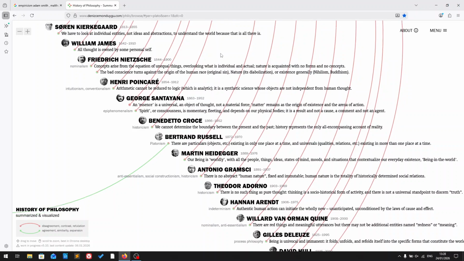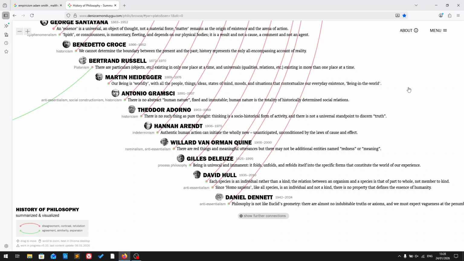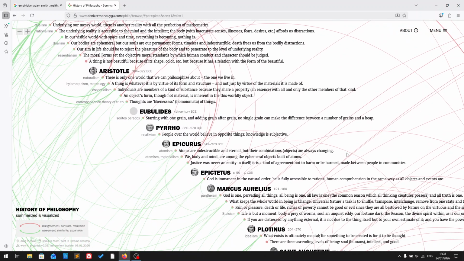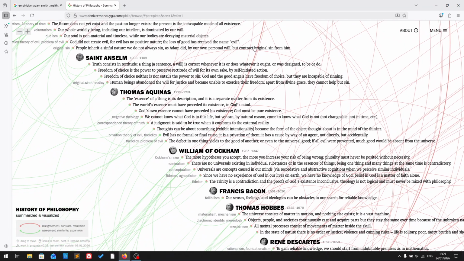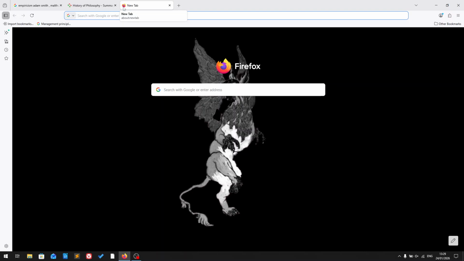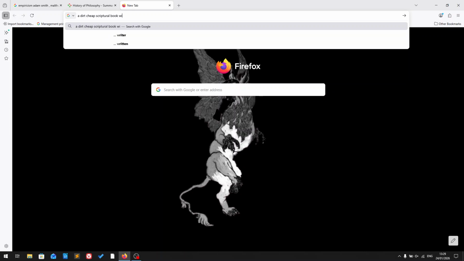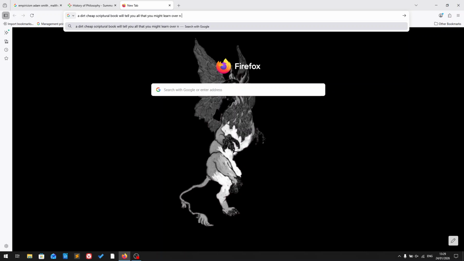And coming back to philosophers, Russell has been influential, and Occam's razor is something that you would come across when you start reading. And the thing is, a dirt cheap scriptural book will tell you all that you might learn over n years in your life by having this or that.